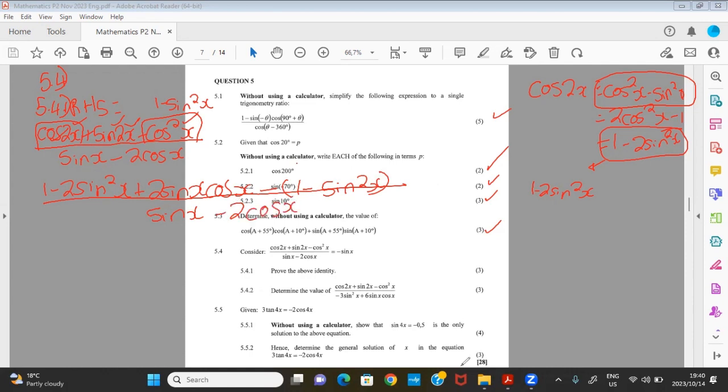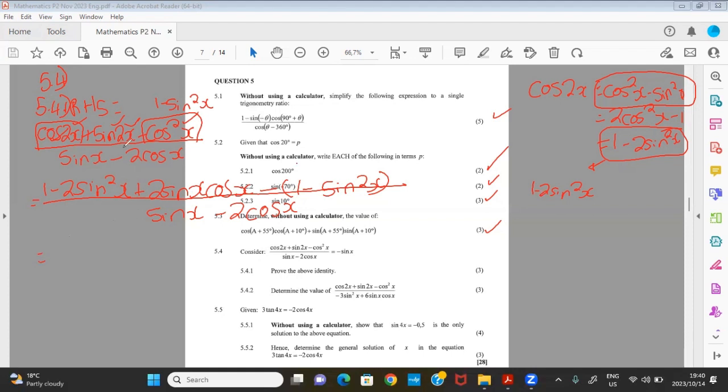Can we change the 2 cos x into something? It's a single identity. Maybe if it was 2 cos squared x, we could have done something.